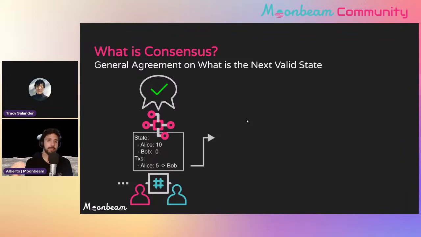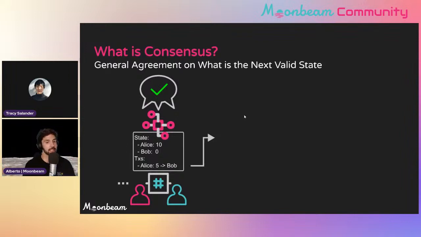And so let's say we have a blockchain in which the state of that blockchain, meaning the state could be the balances of everyone that is participating in this blockchain. Let's say Alice has 10 tokens and Bob has 0 tokens. And then next to the state, you'll have a list of transactions, which is basically what the consensus, sort of the runtime, needs to apply to the state to calculate the new state.